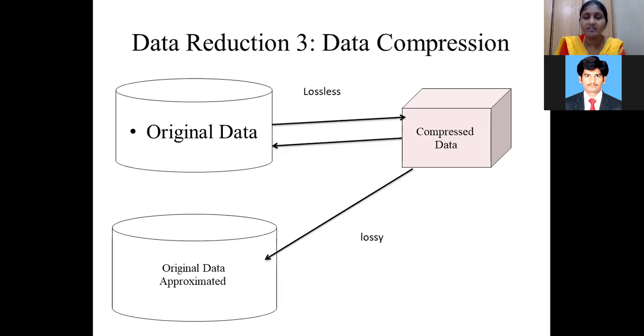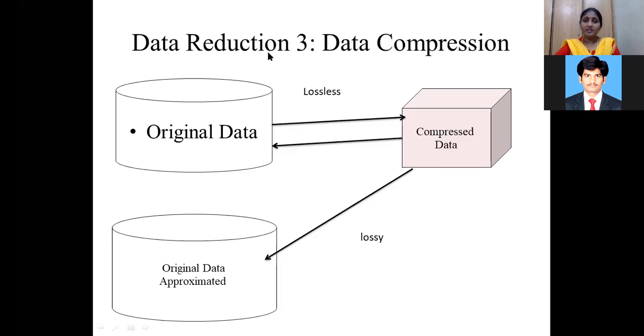If it is textual data, we convert it into PDF or some other format. We make a zip of the data and transfer it to another location through email or whatever it may be. That is one example of data compression.